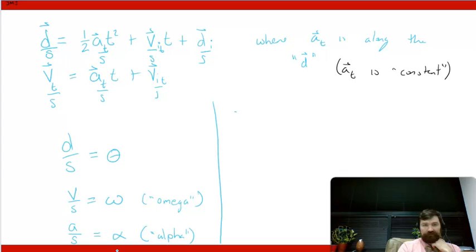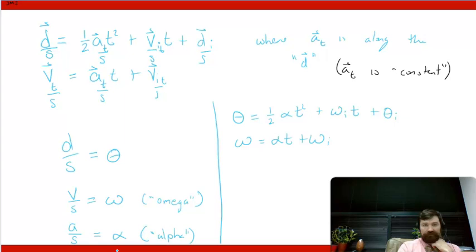And so for this same motion, I would say that theta is 1/2 alpha times time squared plus initial omega times time plus theta initial. And I can say that omega as a function of time is alpha times time plus omega initial.